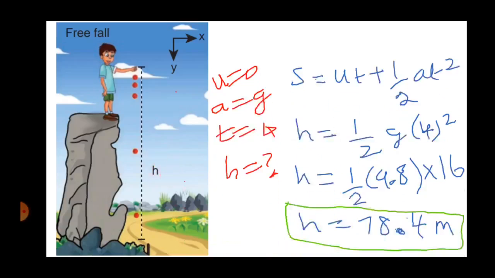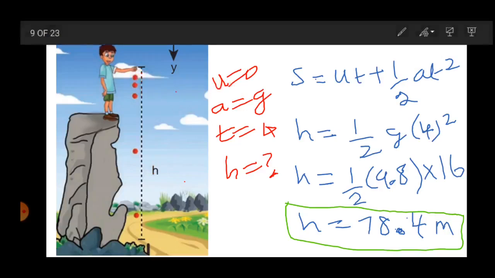Now listen, the initial velocity of the object u is equal to 0, and acceleration due to gravity g, a is equal to g, because it is in the downward direction, and given time taken t is equal to 4 seconds.